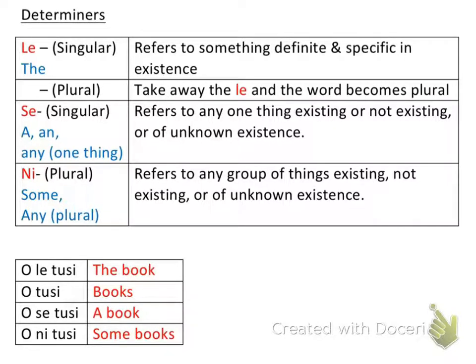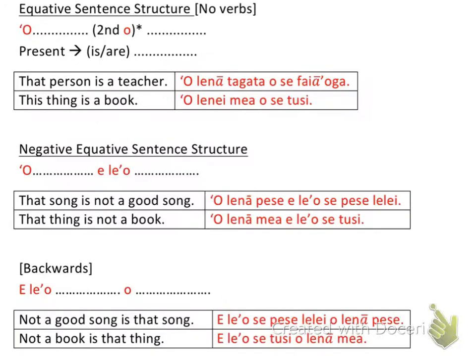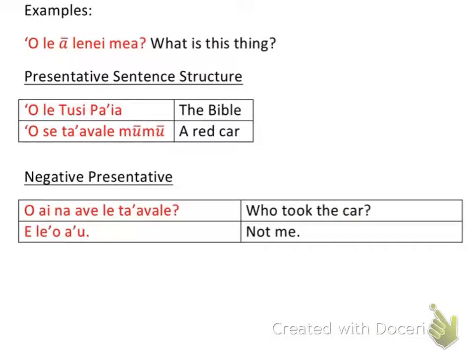And we've kind of been doing this already. You'll note that these are my determiners. Le, se, ni, and I have a few others, okay? But if I go back in the video, you'll know that we've used this at the very beginning, okay? So in my presentative sentence structure, I had a le right here, and I had a se right here, okay?